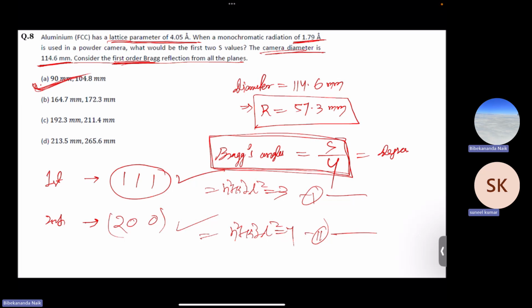Sir, a small doubt. Actually, the Bragg angle theta is equal to S by 4. Please clarify once again how it is taken.